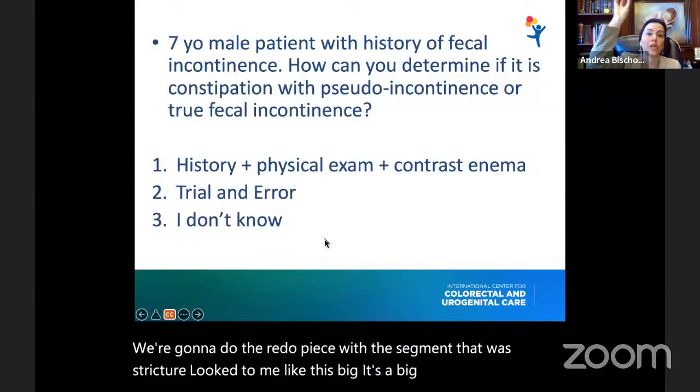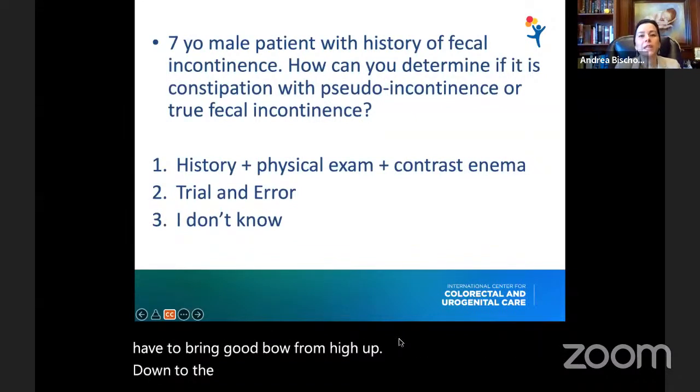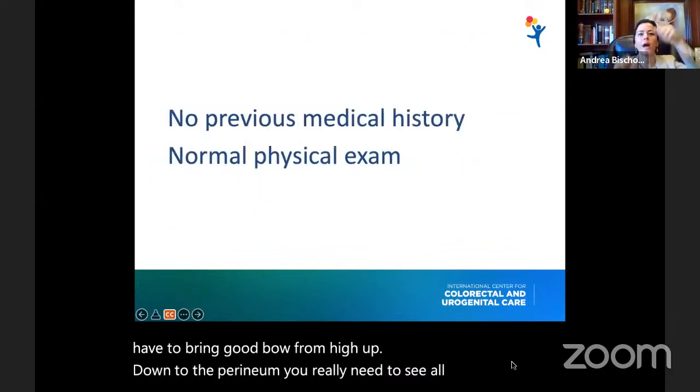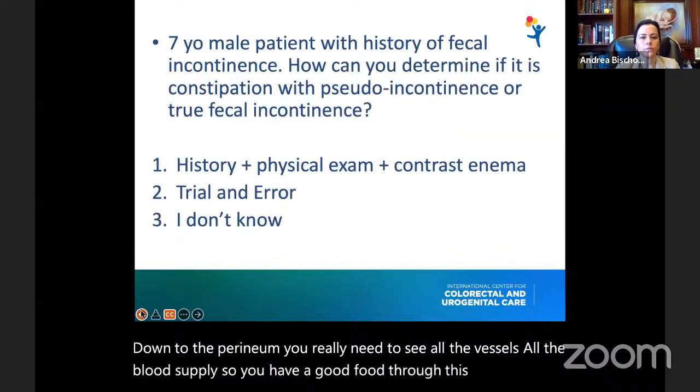And then you're gonna do the redo PSARP with laparotomy. The segment that was stricture looked to me like this big. It's a big segment. So you will have to bring good bowel from high up down to the perineum. You really need to see all the vessels, all the blood supply, so you have a good pull through this time.